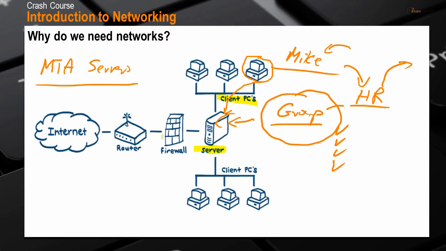Let's try and identify some network devices. Yes, we have a firewall and a router. A firewall is a device that in most cases is responsible for your security and the security of your network. A router in a small office, home office network is in most cases an edge device that is connected to the internet.